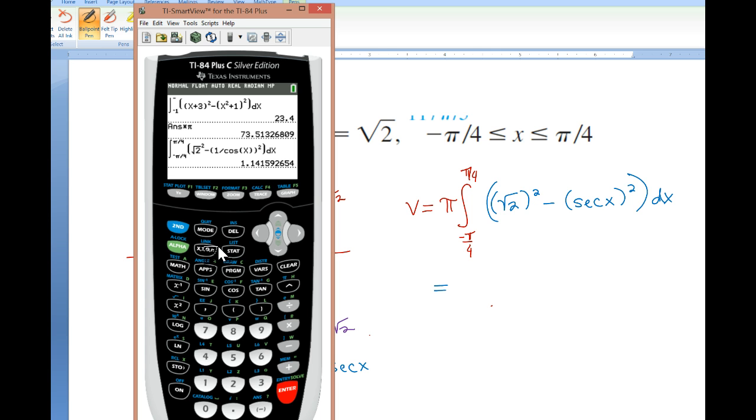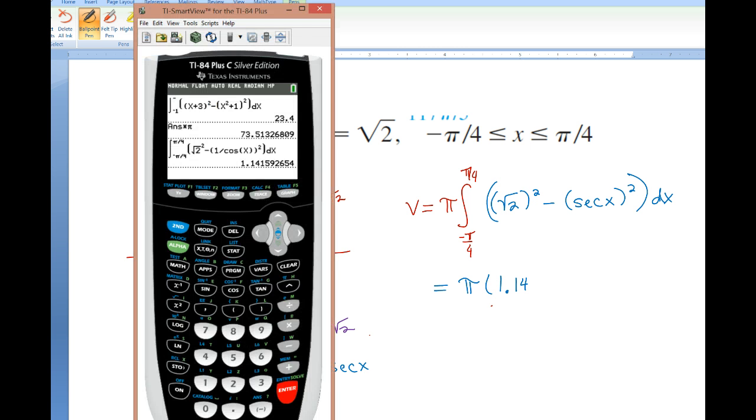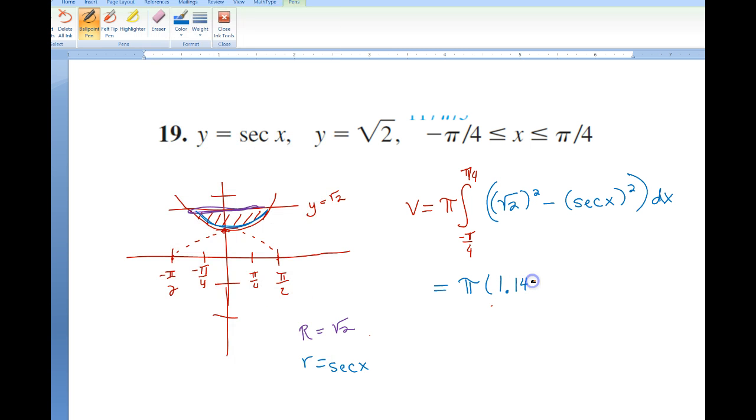So I get pi times 1.142. So pi times 1.142 is about 3.588.